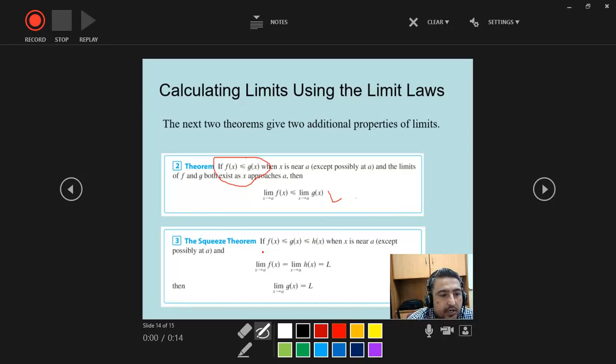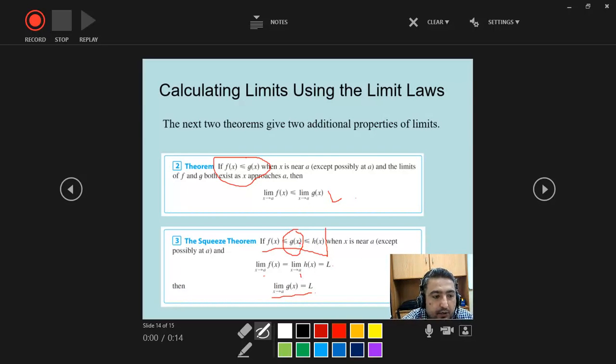And this is called the sandwich theorem or squeezing theorem. If we have three functions in this form, and the limits of f of x and h of x at a particular point a are the same L, then the function in between will also have the same limit. This theorem is mostly used to evaluate limits of complicated functions.